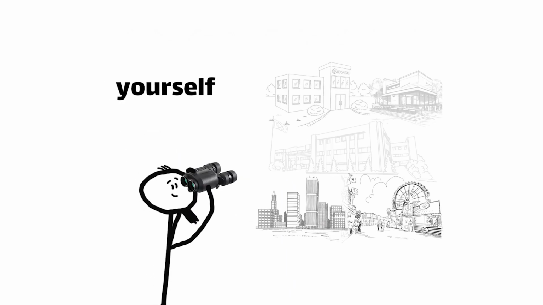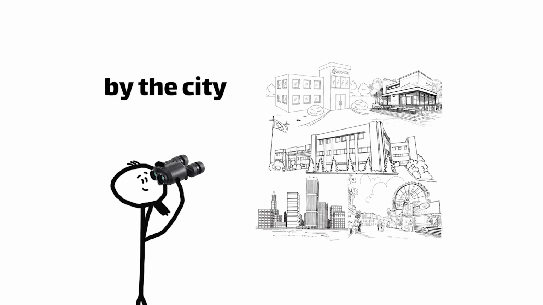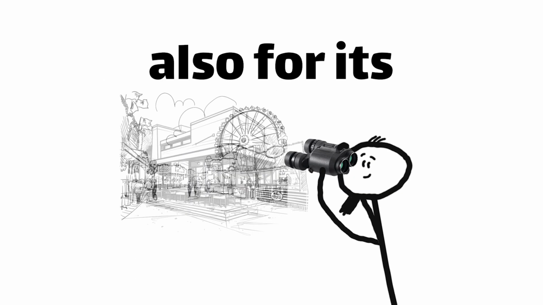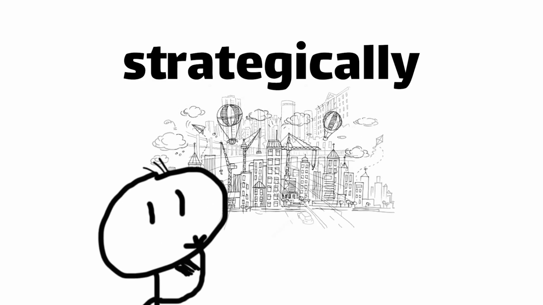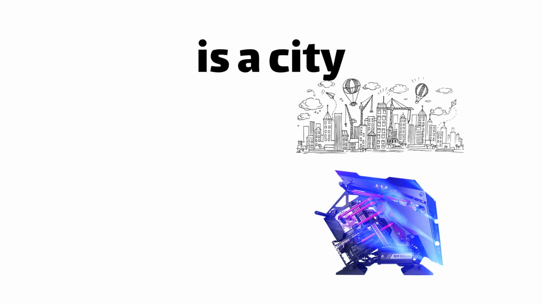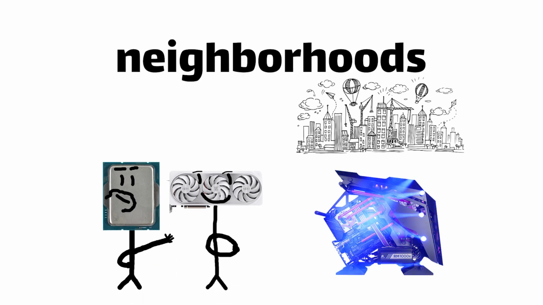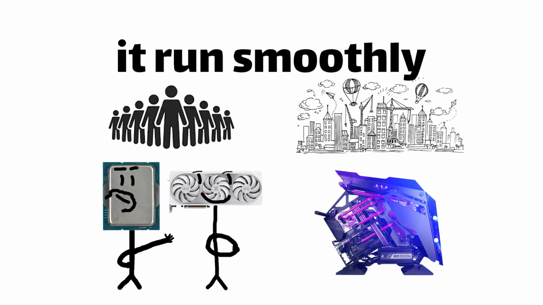Have you ever found yourself in wonder and awe by the city? Not just for its beauty, but also for its functionality. How different areas and neighborhoods are designed and strategically located? Now, imagine your computer is a city, and all its components are the different neighborhoods and inhabitants that make it run smoothly.